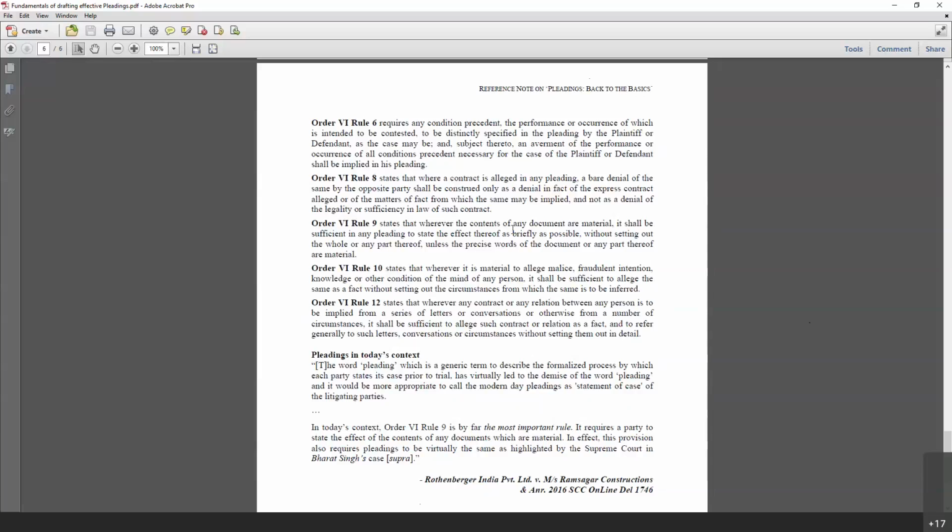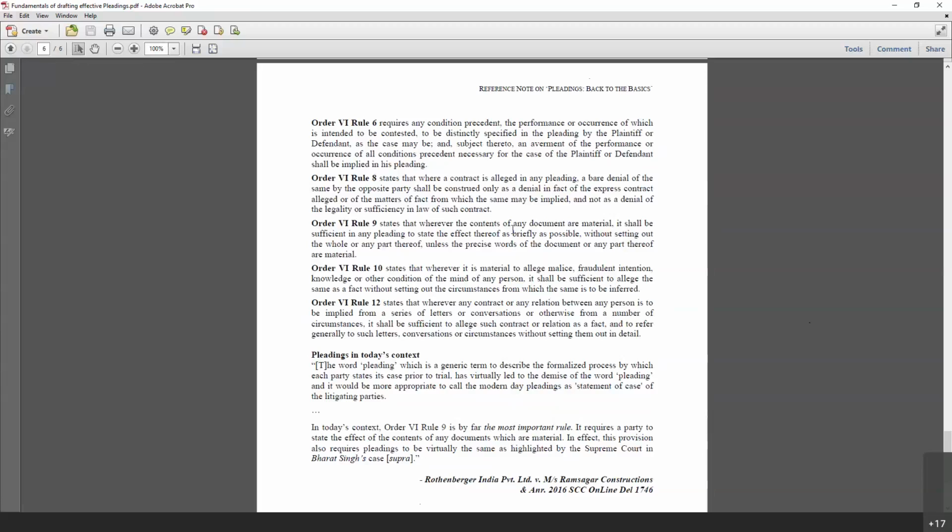For instance, if you want to show that the defendant was under an overarching obligation to pay you money, and there is a term in the contract which says that once delivery is effected, irrespective of any dispute between the parties as to the quality of the material, B will make an advance payment, then that is a material clause, and a very specifically material clause, which you may extract. But the ground rule is, as much as possible, avoid extracts and just plead the material aspect which you want to essentially bring forth before the court or the adjudicatory forum.